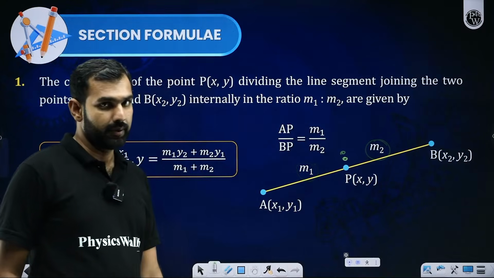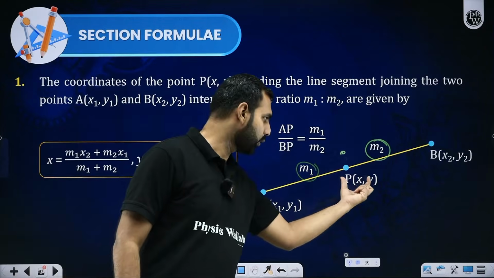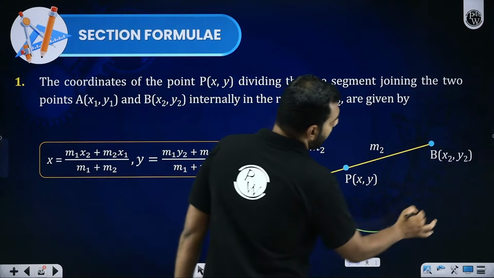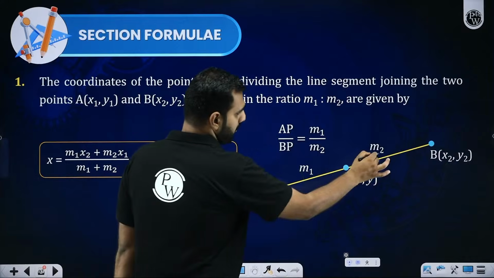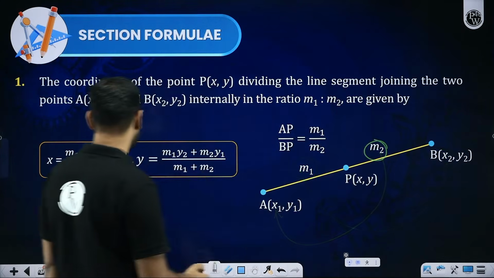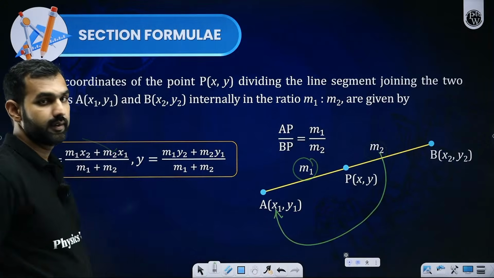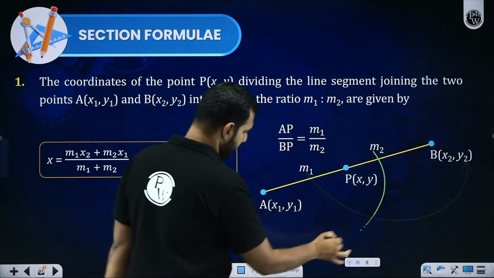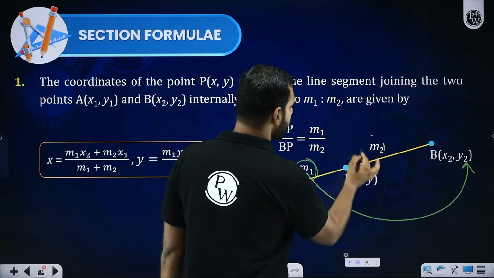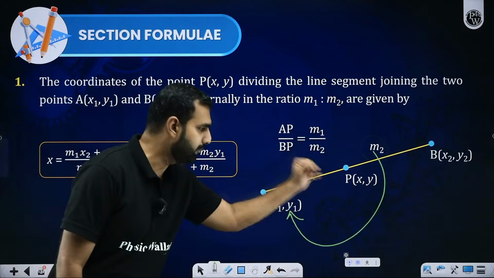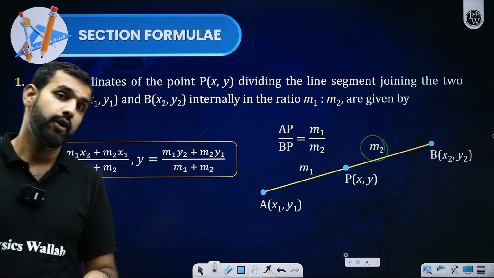So always remember, you can find the coordinates of P using a simple formula. m1 times x2 plus m2 times x1 upon m1 plus m2 will be the x coordinate. Similarly, m1 times y2 plus m2 times y1 upon m1 plus m2 will be the y coordinate of this point P. Are you all getting it?